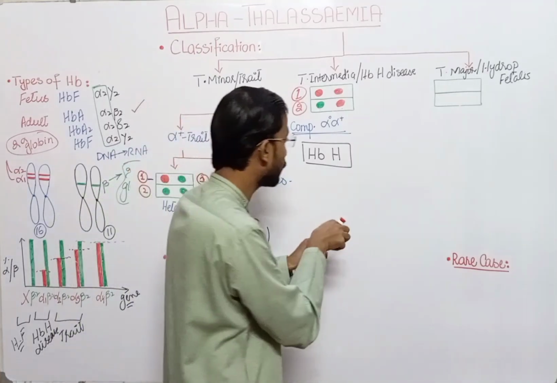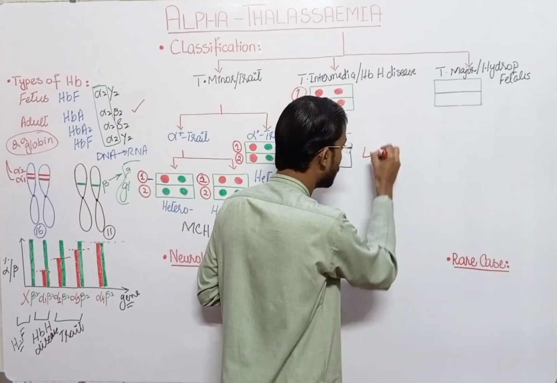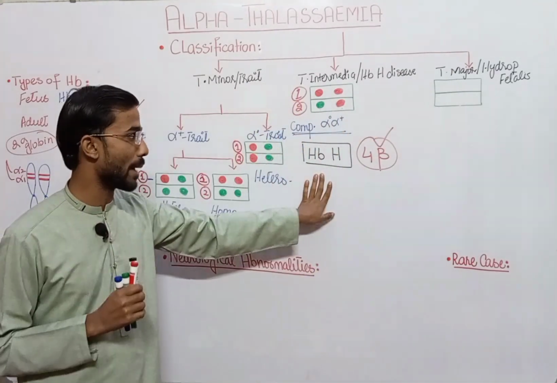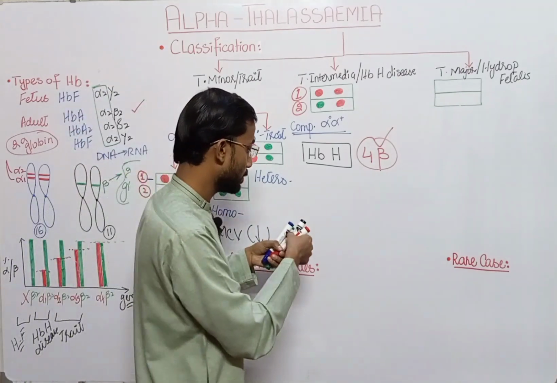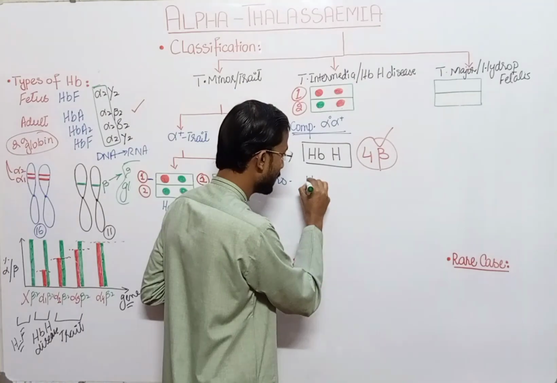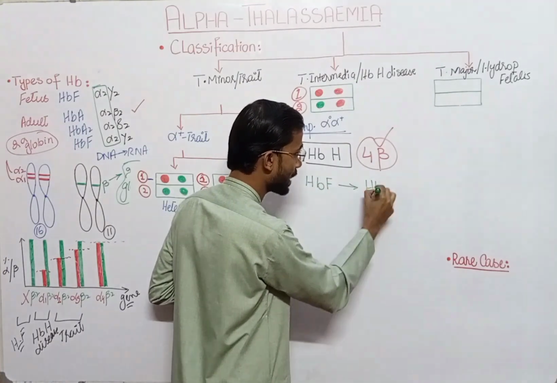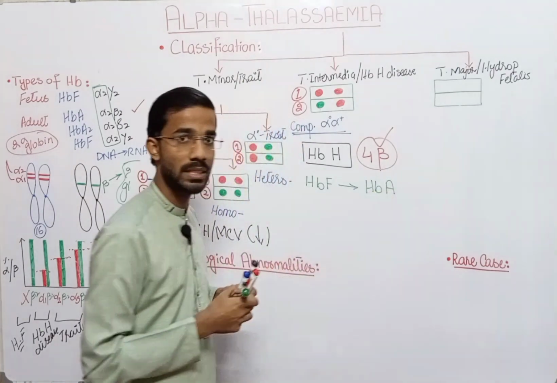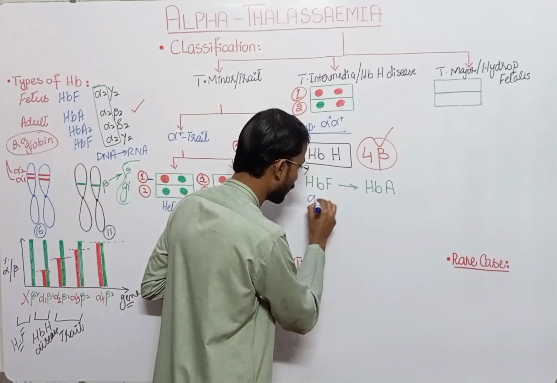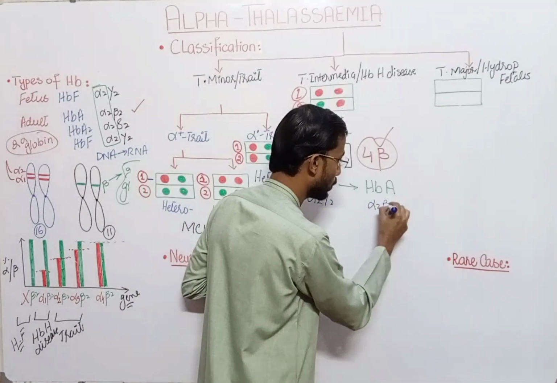It has 4 beta globin chains. Why does it happen? Keep in mind that fetal hemoglobin, HbF, converts into HbA.